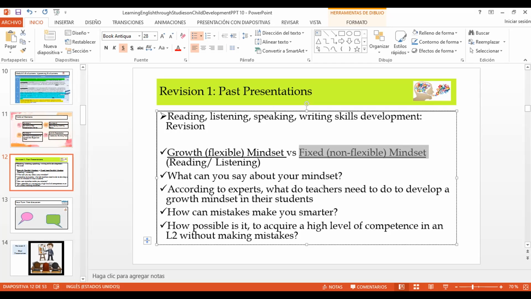And this is very important as future teachers, not only for ourselves, but also because we're going to be teachers. And in the video from last presentation, there are some ideas on how to develop this in students. What do you think is necessary to develop a flexible mindset in our students? What do we need to support?